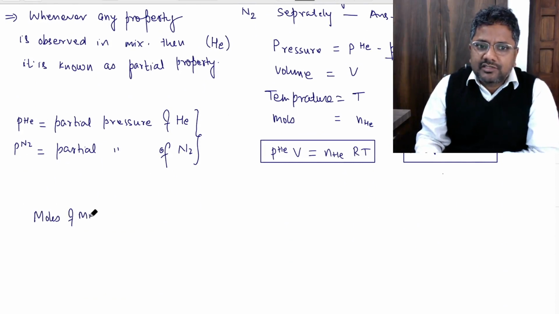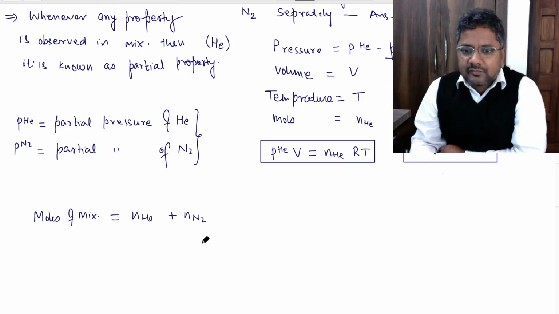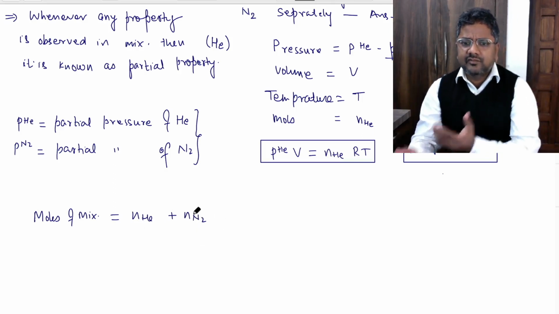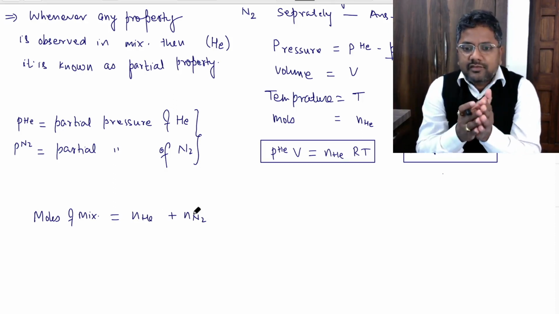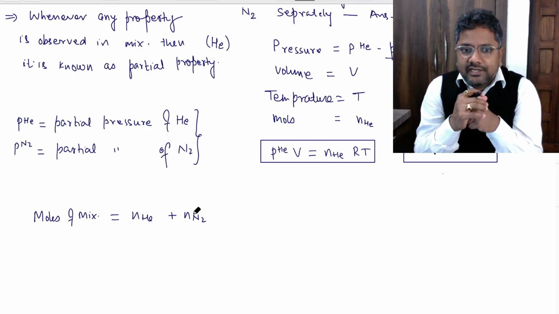Moles of mixture is equal to moles of helium plus moles of nitrogen. We can write or not? Yes. Total moles of the mixture is equal to moles of helium plus moles of nitrogen.